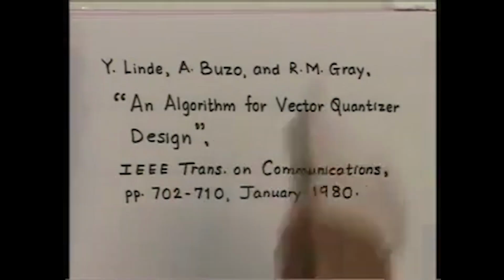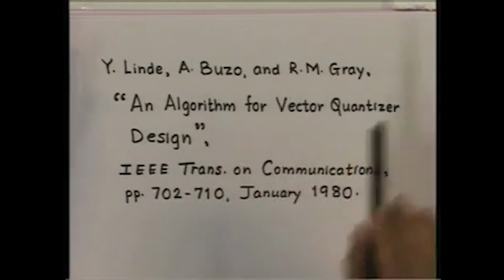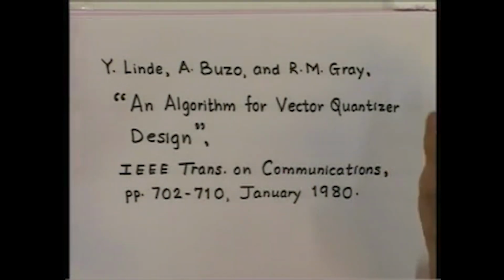Linde, Buzo and Gray have first discussed a generic algorithm which requires evaluation of multidimensional integrals to compute the distortions and centroids over odd shaped regions in k dimensions, where k is the dimension of the input vector.